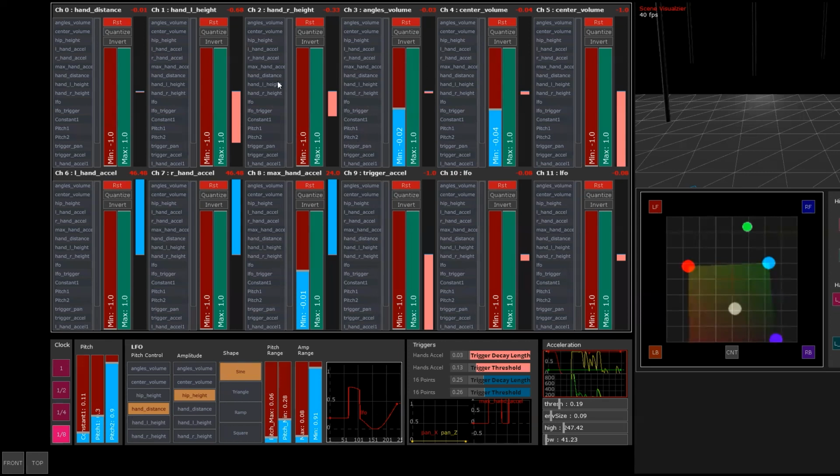So, for example, I can choose max hand acceleration, and if I start to move my hands very intensively, so I think I should be here on the screen in some easy visualization. So if I make very fast hand movements, I can produce some sound.